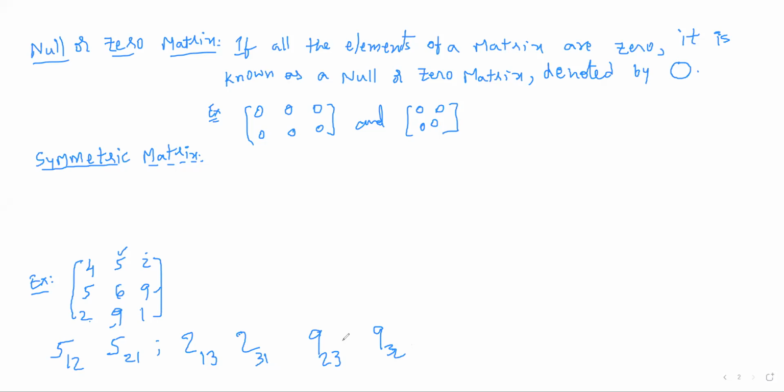So if you interchange the place of an element with suffixes, the interchange must be with suffixes only, then you can have the same element in the matrix. Such a matrix is known as a symmetric matrix.